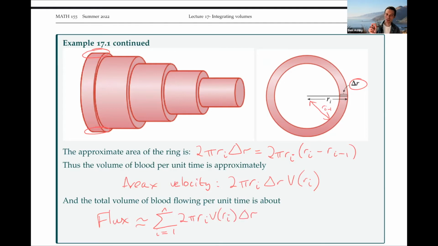We're assuming there's a constant delta r here. So what does this mean then?